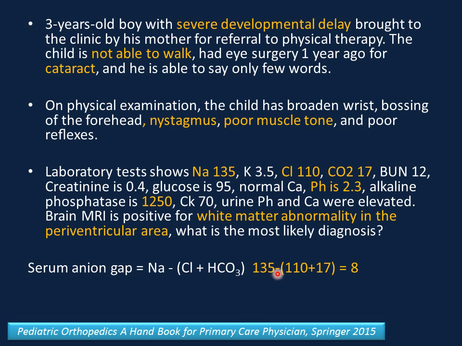By calculating the anion gap, he has normal anion gap metabolic acidosis. And also he has hypophosphatemia and elevated alkaline phosphatase. And also the MRI shows white matter abnormalities in the periventricular area. So by pointing out these red flags, you should now suspect what the most likely diagnosis is.